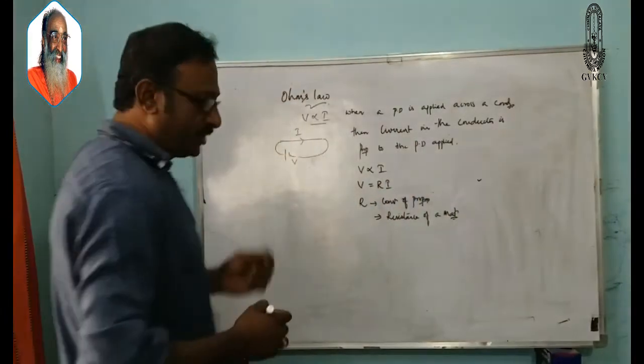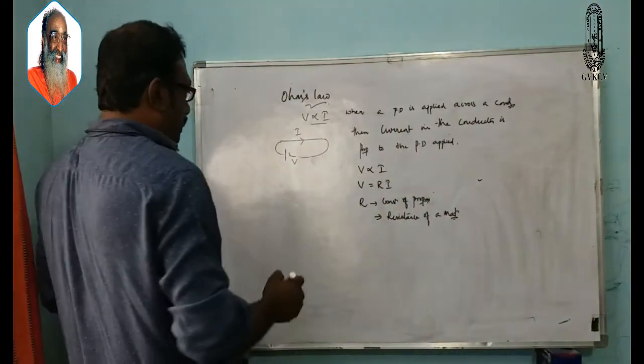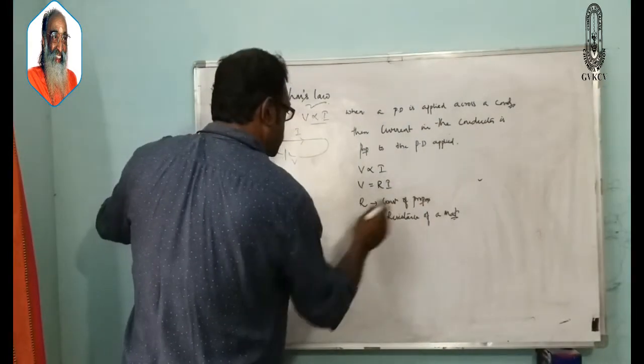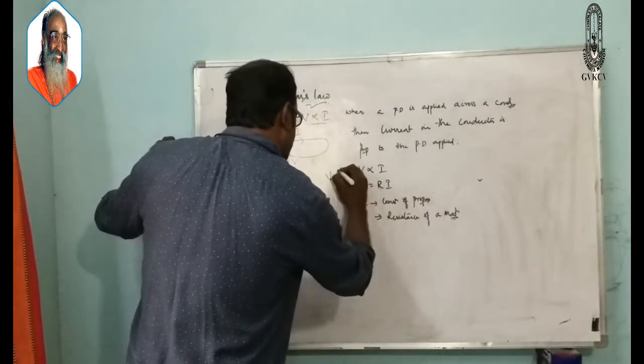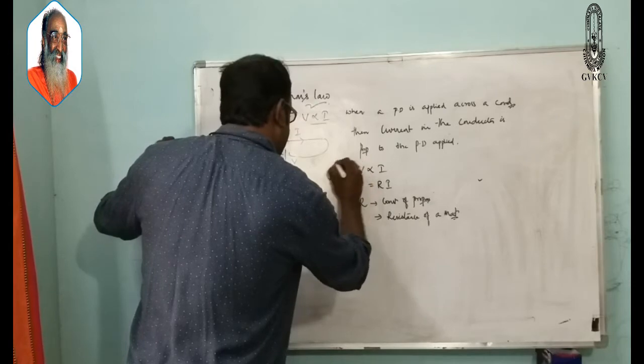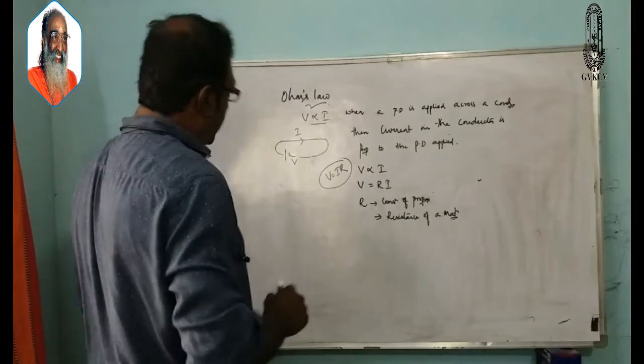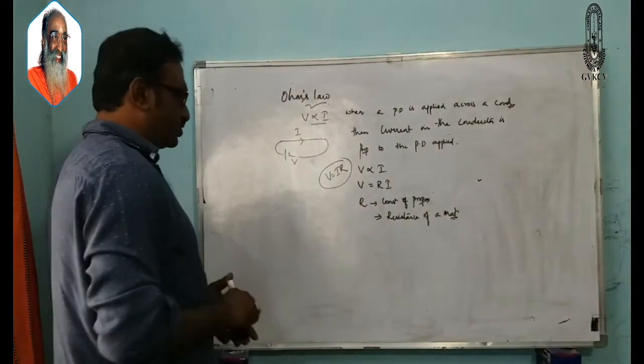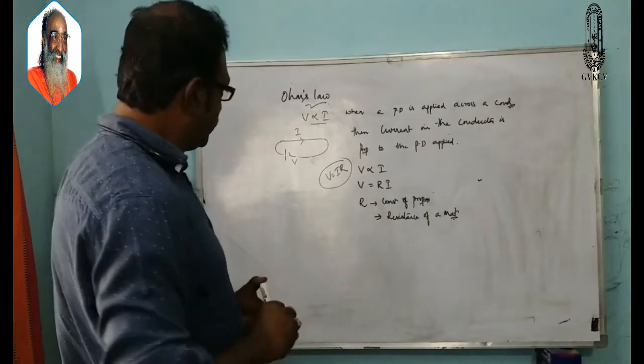We remember this as V is equal to IR, so just keep in mind V is equal to IR. R is the constant of proportionality and it is nothing but the resistance of a material.